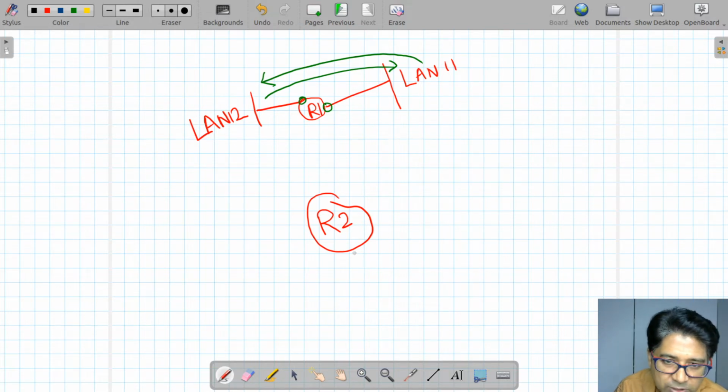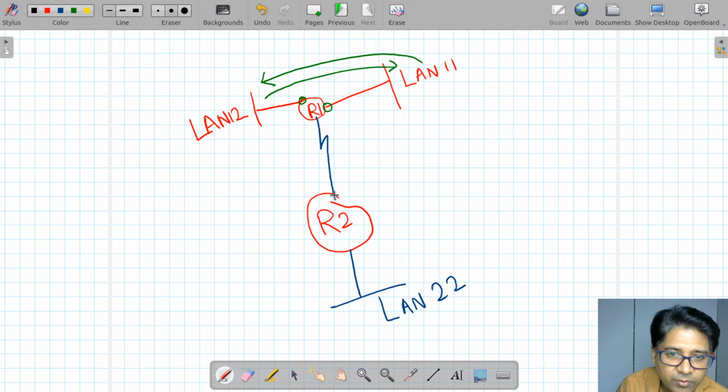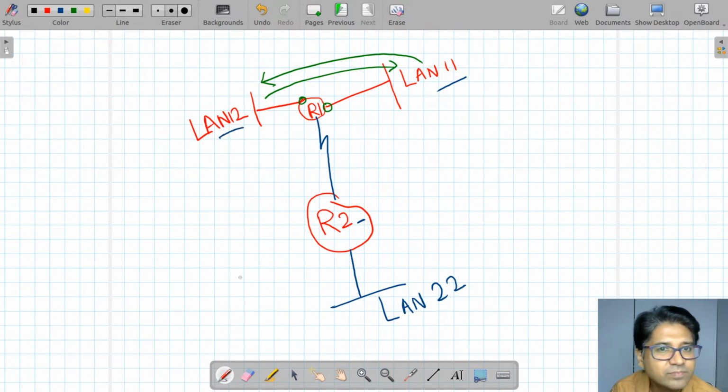But suppose a LAN 22 is connected to router R2. We have connectivity between R1 and R2, but R2 doesn't know about LAN 11 and LAN 12.